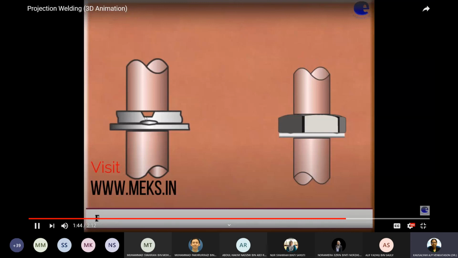So the projection either collapses and creates the fusion, or it is a tip-to-tip joint actually.